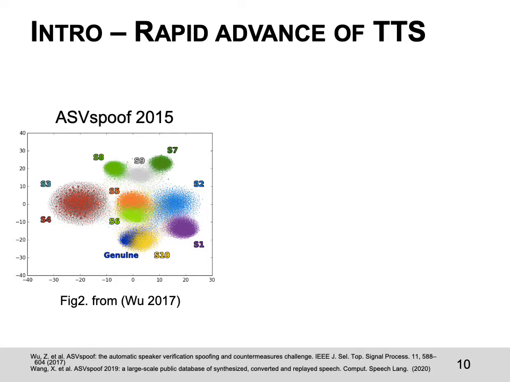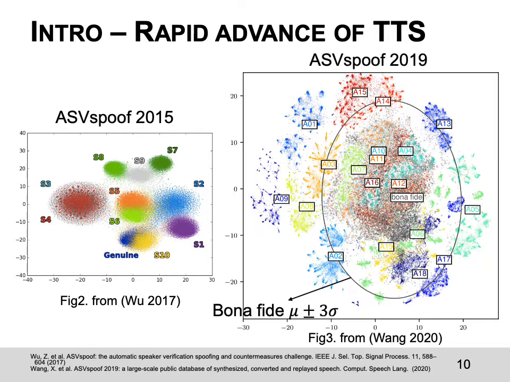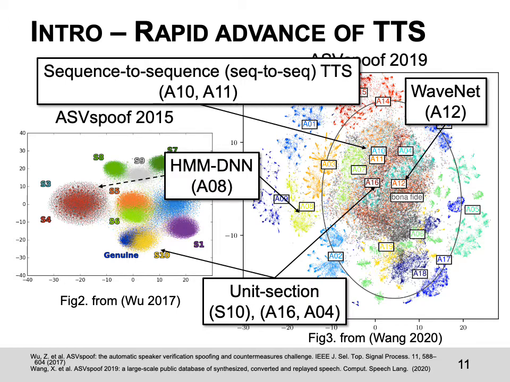So, how about ASV Spoof 2019 after 4 years of research? Here's the result based on X vector. Compared with the picture in 2015, we can see there are so many systems that are really close to the natural speech. Not only the unit selection, I'd like to give the example here. The first example is the HMM system, as you can see from the screen, which is still far away from the natural speech.